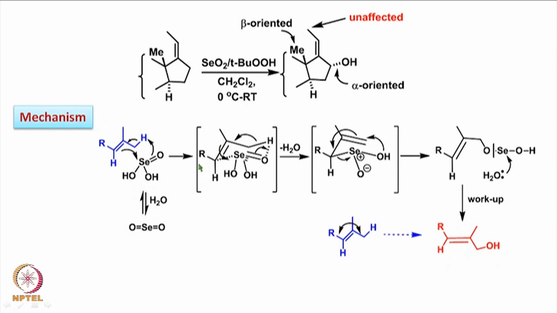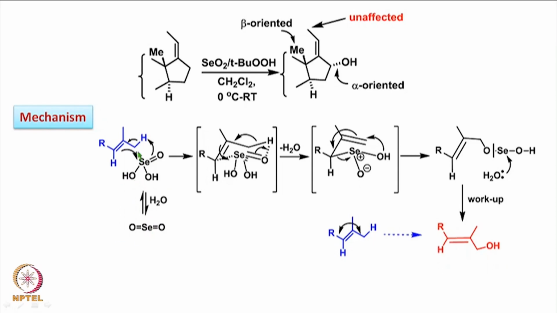Now, what exactly is the mechanism of this reaction? If we take a simple substrate of this type where there is an allylic hydrogen, we can write the selenium dioxide in aqueous medium in this particular form, which is in equilibrium with selenium dioxide.